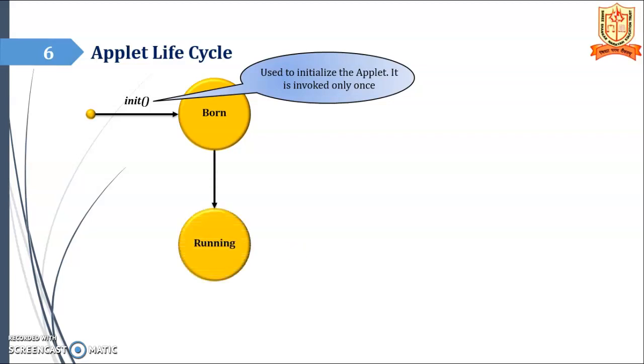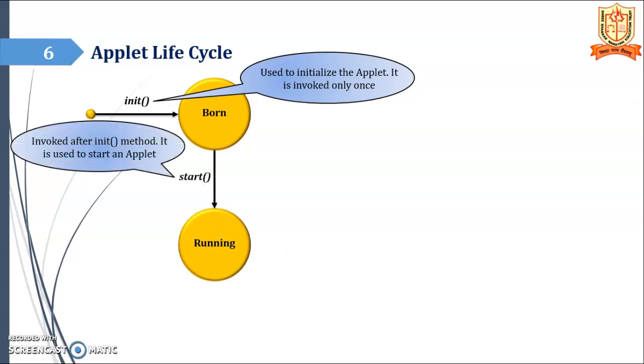From a born state, applet goes to the running state. From the born state, if you call the start method, it goes to the running state, which means the applet will start execution. Invoked after the init method, it is used to start an applet.